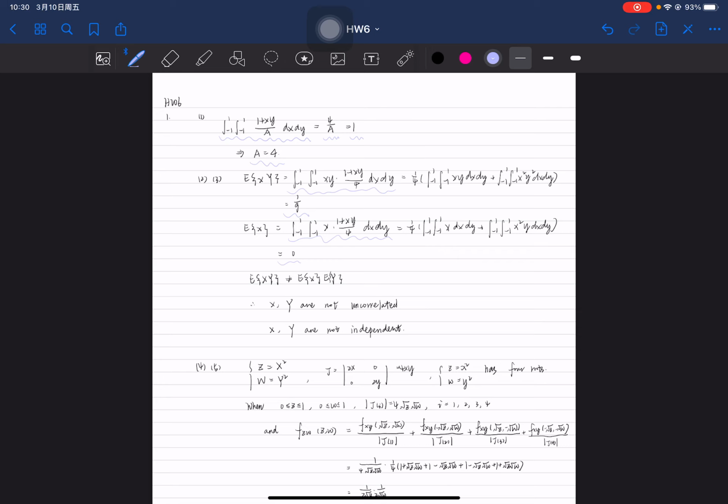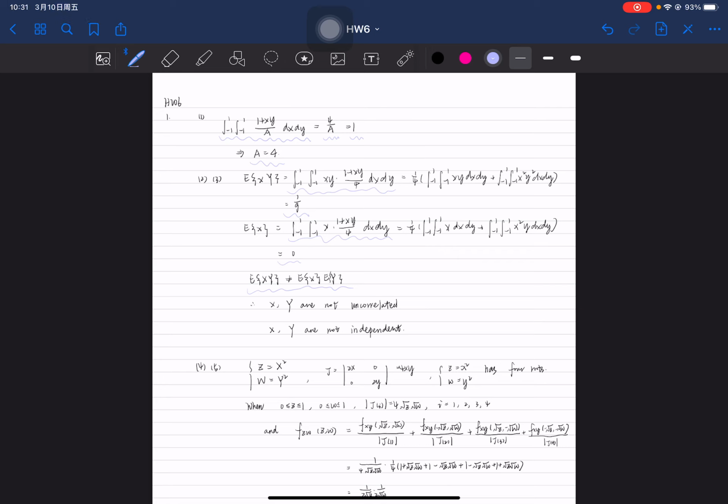So we find that the expected value of the product of XY is not equal to the expected value of X times the expected value of Y, so X and Y are not uncorrelated and not independent.